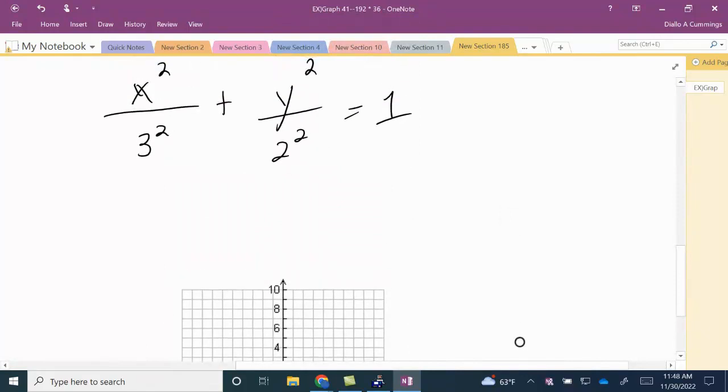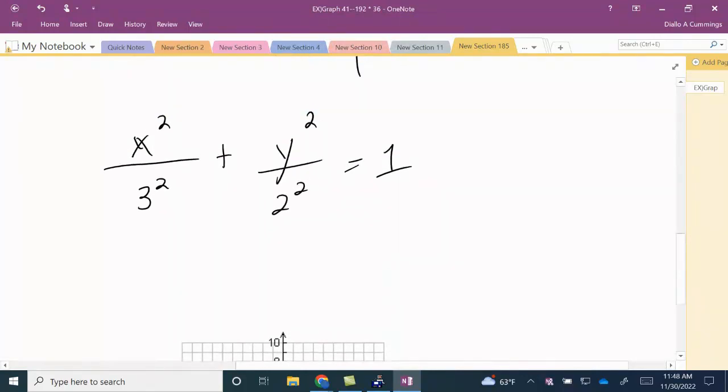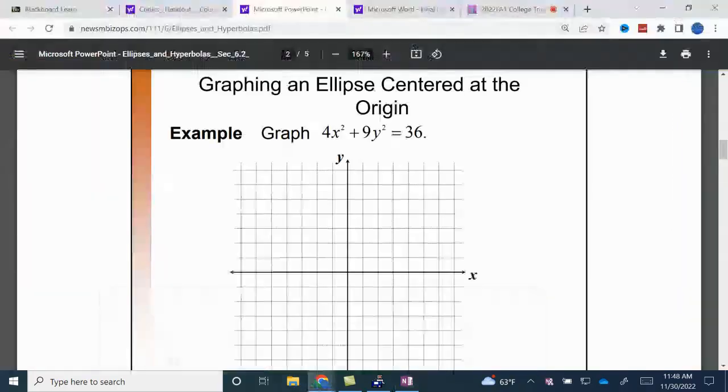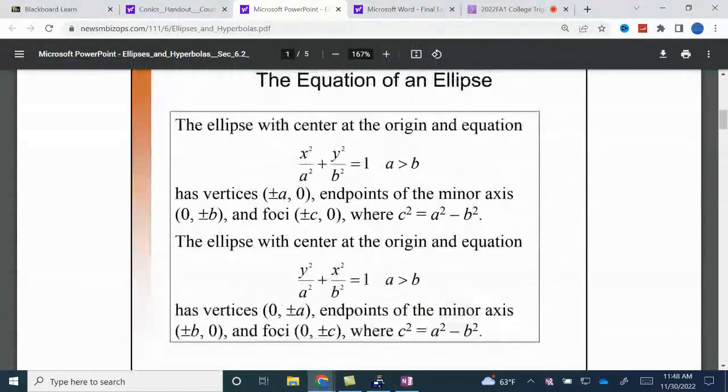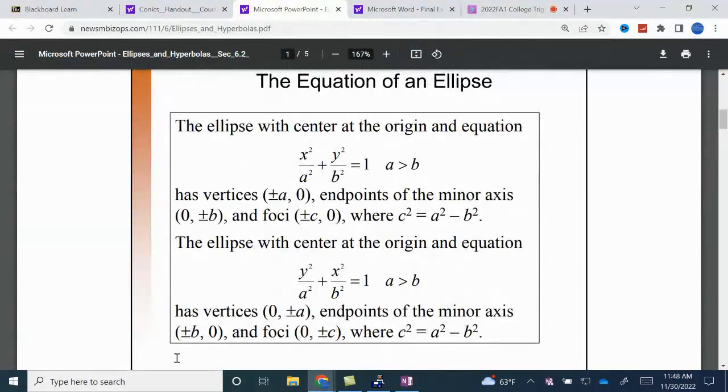Since the largest denominator is underneath the x variable, if we go back to our formulas, here we have the largest denominator underneath the x.